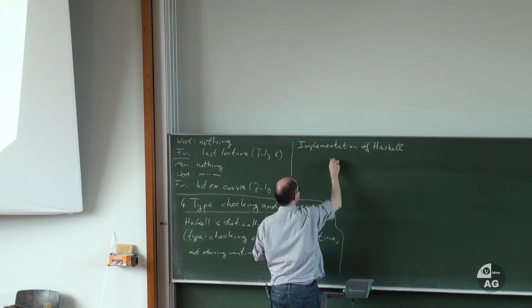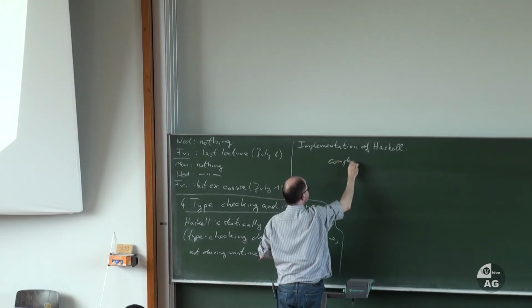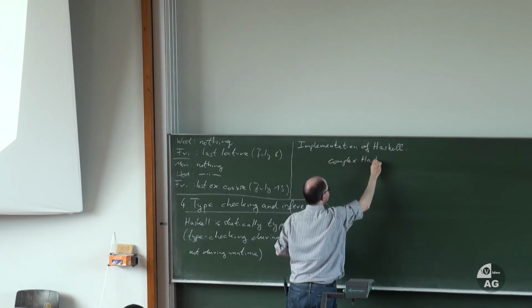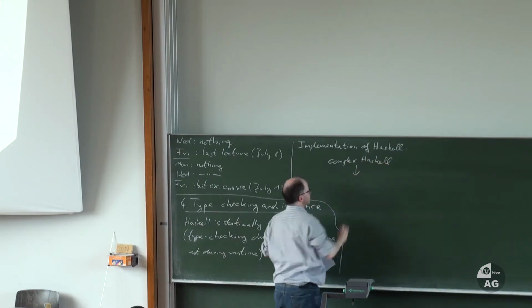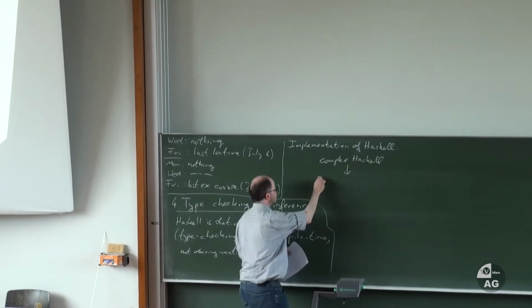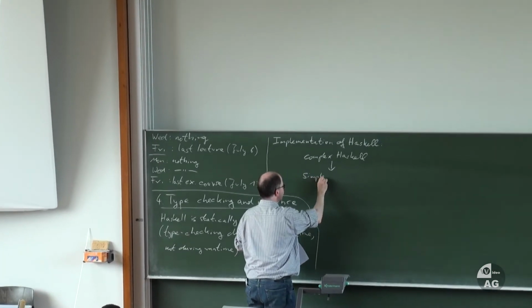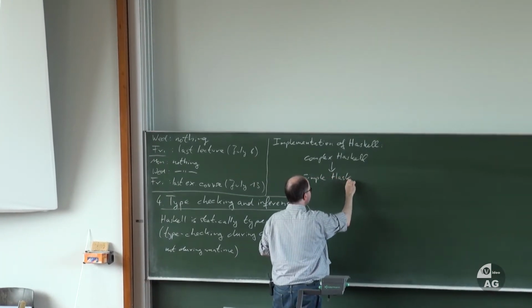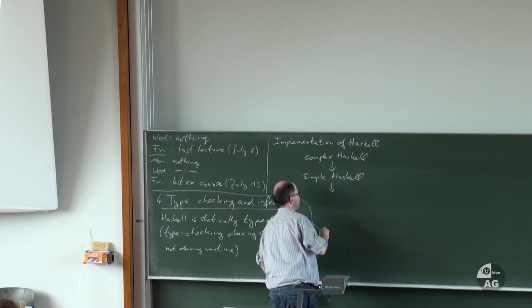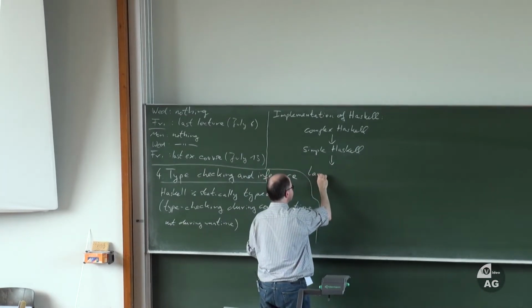Well, we would start with full, or at least with complex Haskell. Then we would automatically translate it to simple Haskell. And this would be automatically translated further to Lambda calculus.